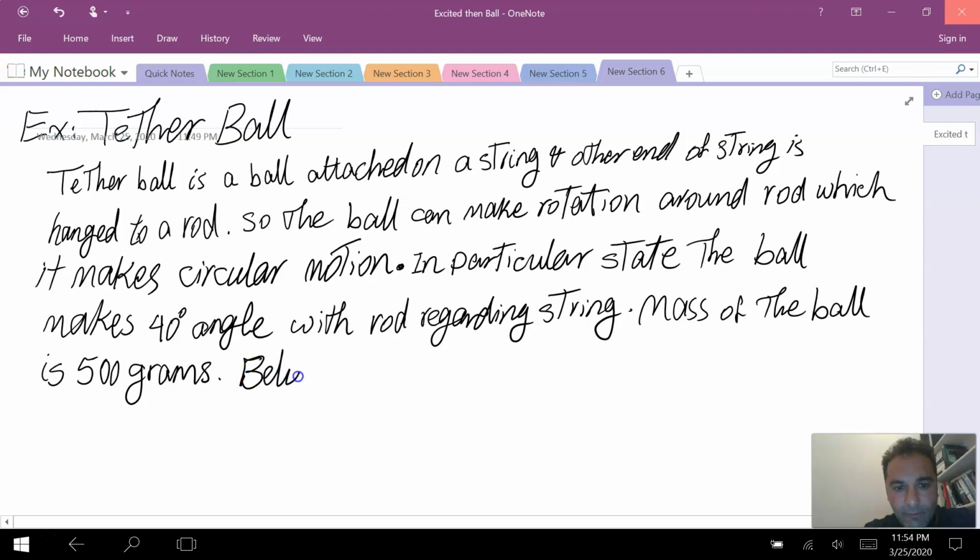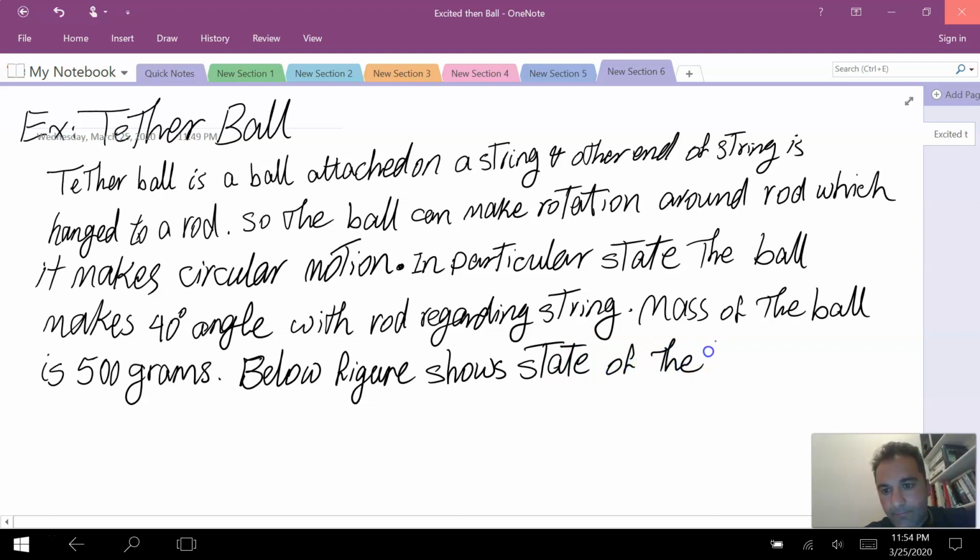So let's write: the figure below shows the state of the ball. Now, the question is this.